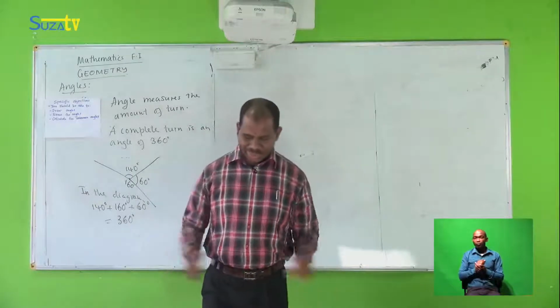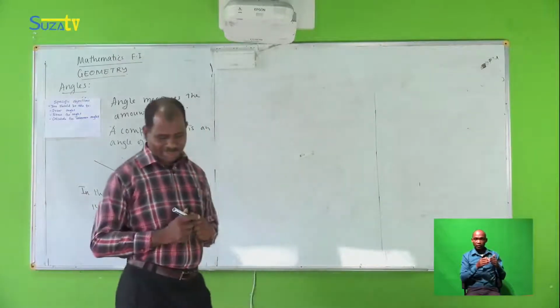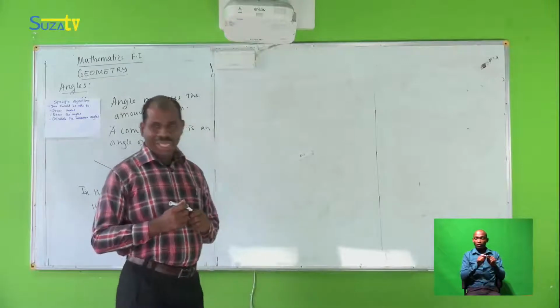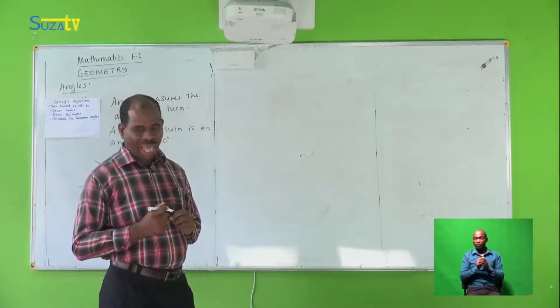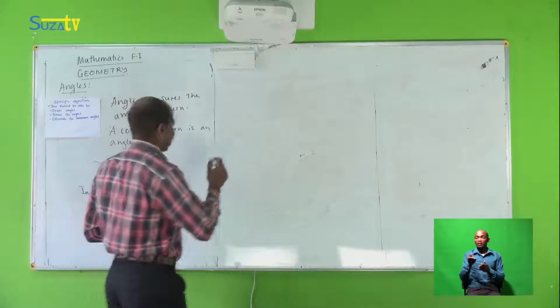And the angles along a straight line add up to 180 degrees.